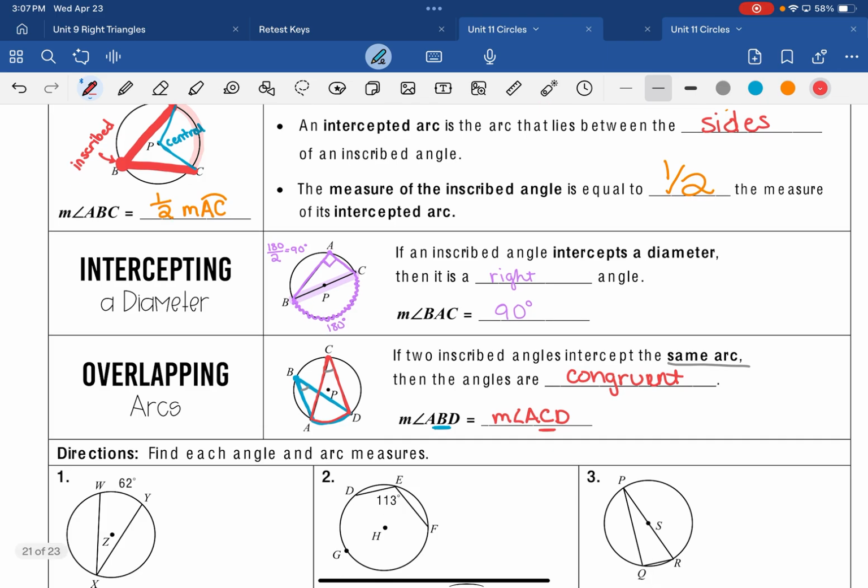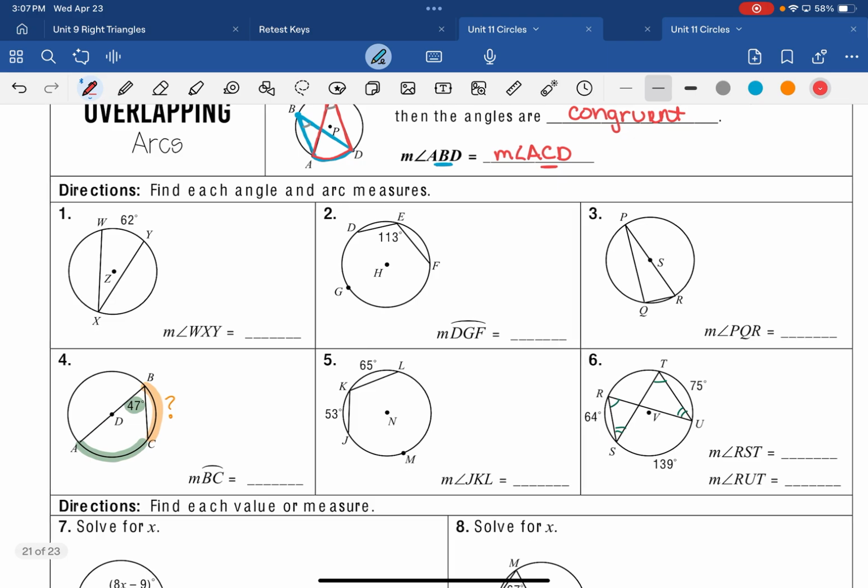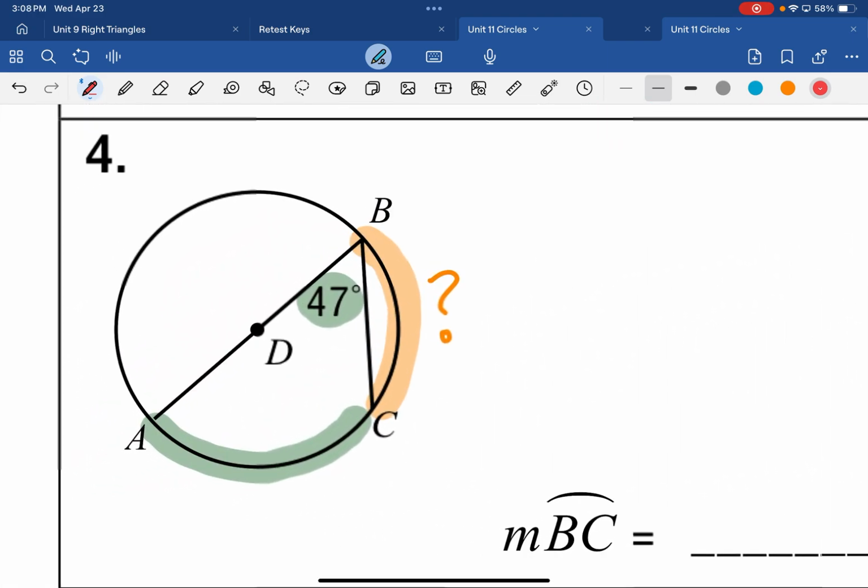Okay, so now let's look down here, and I just kind of want to show you. I'm not going to go through this one right here, but what I want to show you is that like people were getting this wrong yesterday when I did this with second period, because right here, BC, that's the arc we're looking for, right? But 47 doesn't go with BC. What does 47 go with? But what arc is that finding?